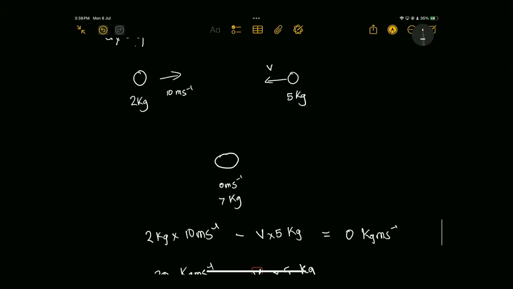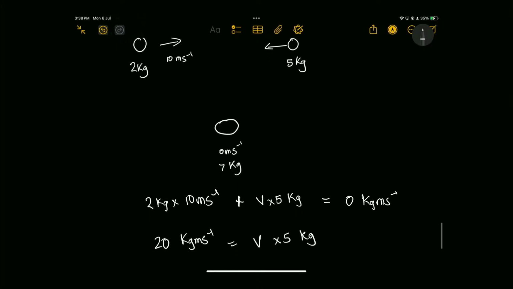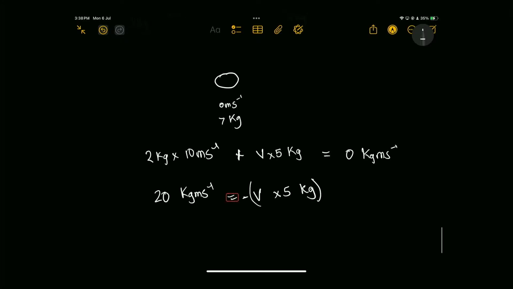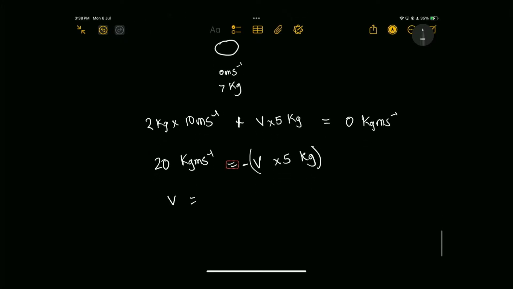we're not writing this as a minus yet. We're leaving this v as positive. We would see when doing the question that we get a negative v. So this would be negative v times 5 kilograms. Therefore v is equal to 20 kilogram meter per second over negative 5 kilograms.